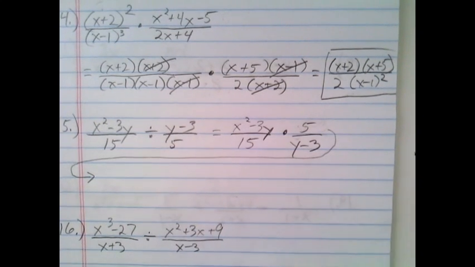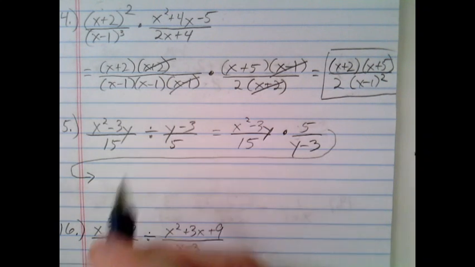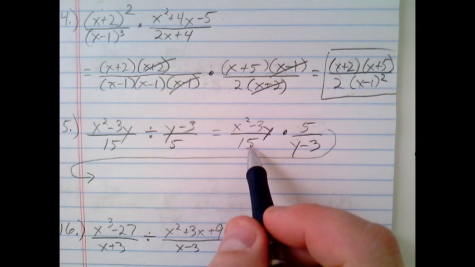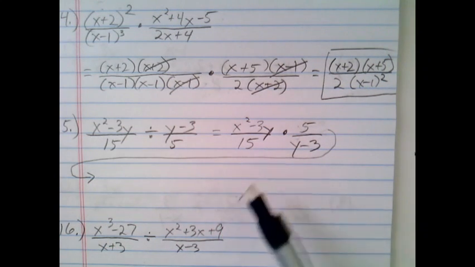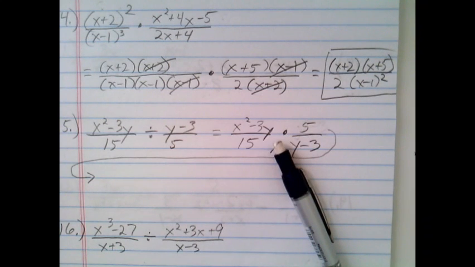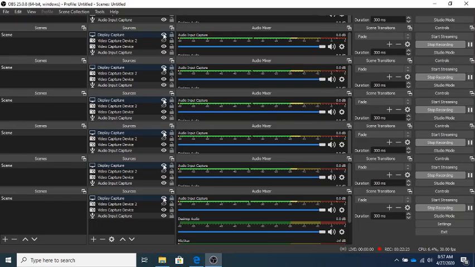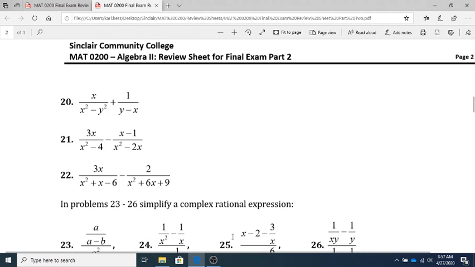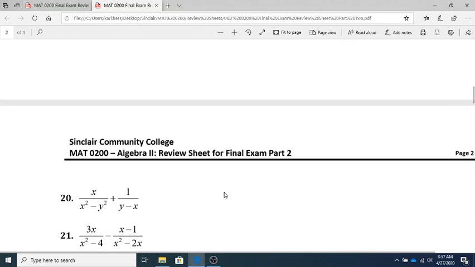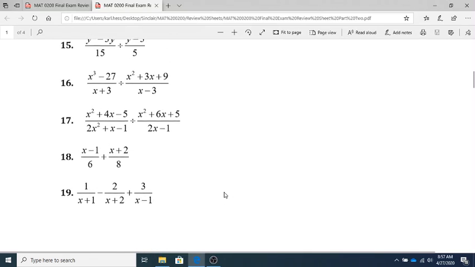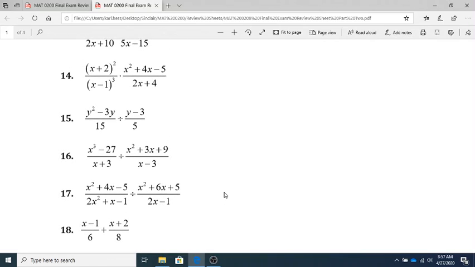Now that I've rewritten it as a multiplication problem, it's similar to the last two problems. We need to factor it. Now the x squared minus 3y, I wonder if I miscopied this problem. Let's have a quick look at number 15 on the review sheet. Yes, I did miscopy it.